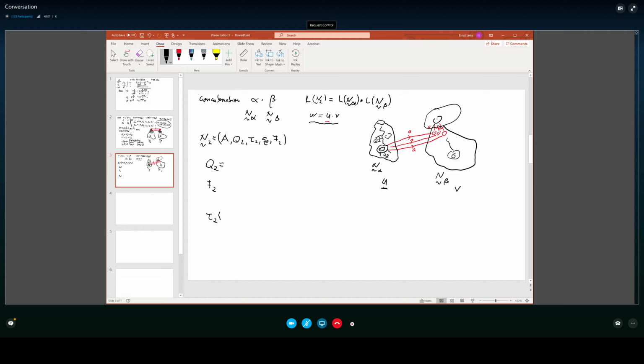Now, if Q sub 0 is in F sub beta, that means the initial state of the second automaton is accepting, and that, of course, means that epsilon is accepted by that second automaton, that V could be epsilon. And if V is epsilon, then we could stop in the first automaton in a final state.